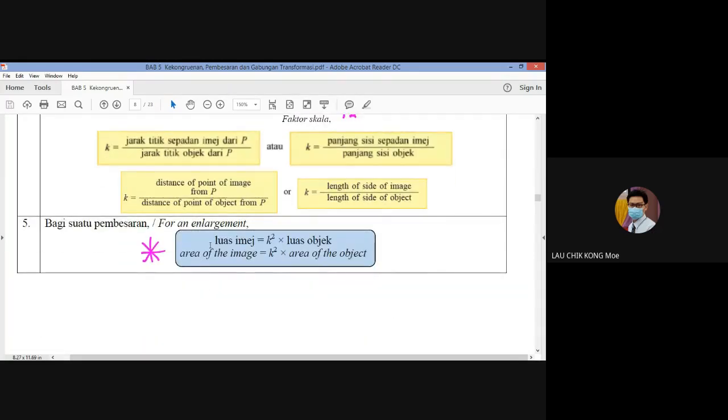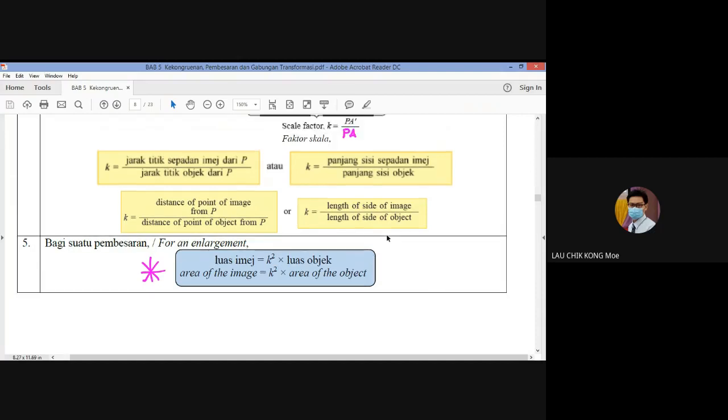Okay, and then for the enlargement, we can find the area. Area of the image equals to K square times area of object. Why do we have K square? Just now, if we want to find the scale factor, we use K, right? But here is K square because this is the area. Area we need to square, K square, scale factor squared, times the area of object.